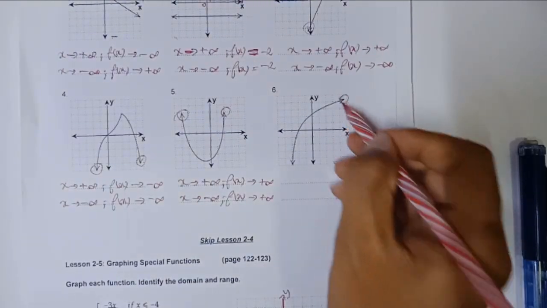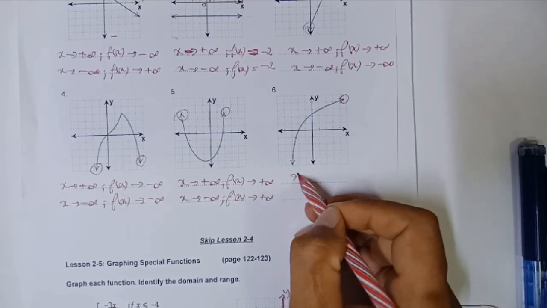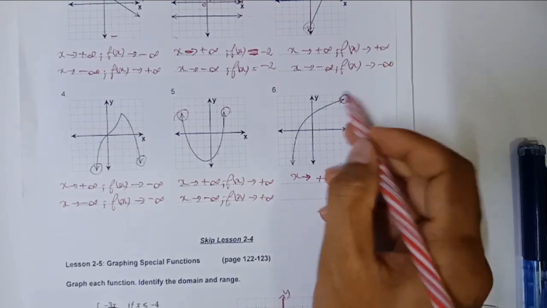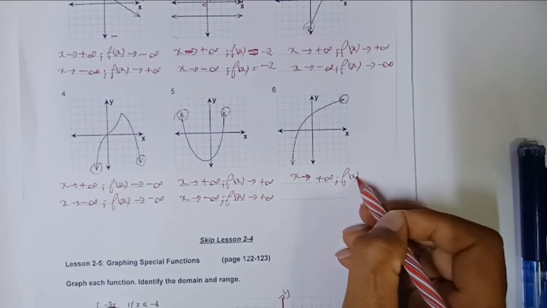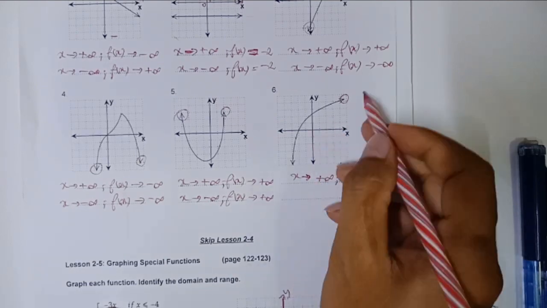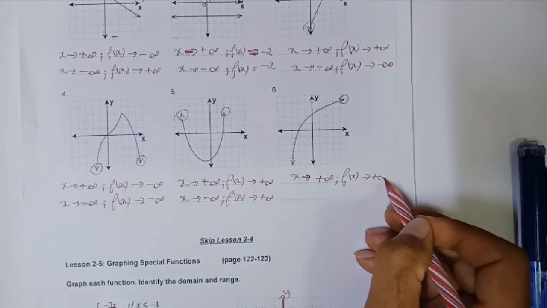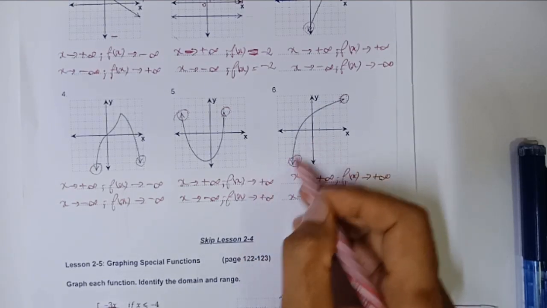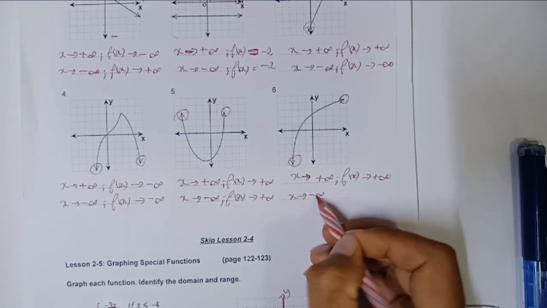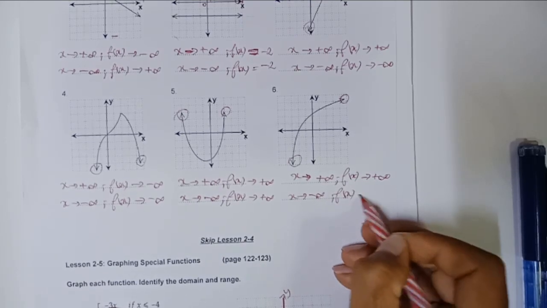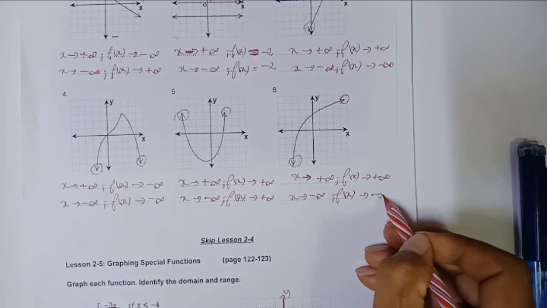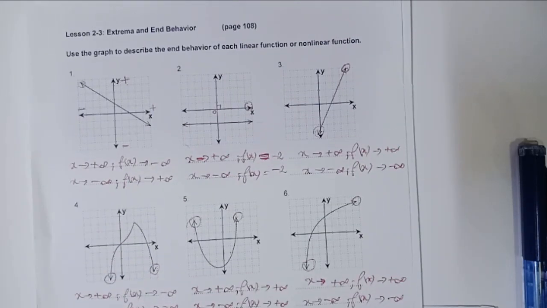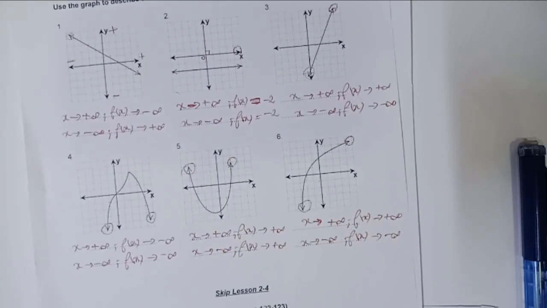The last one begins from here, this positive side, so as x approaches positive infinity, then f of x approaches also positive. On this side, as x approaches negative infinity, f of x approaches negative also. Okay, that is all for this lesson, lesson 2-3. Now let's continue to 2-5.